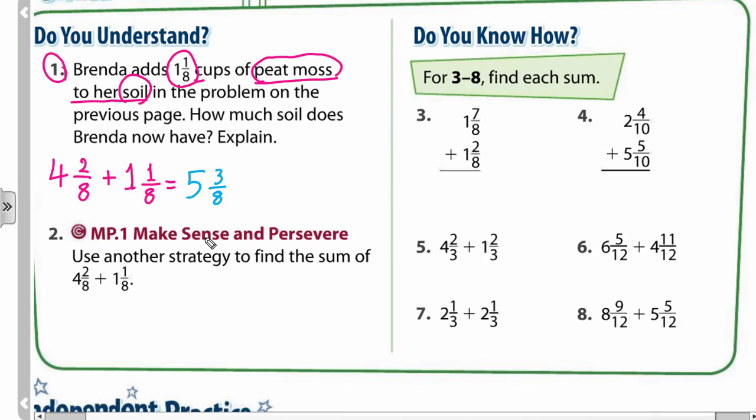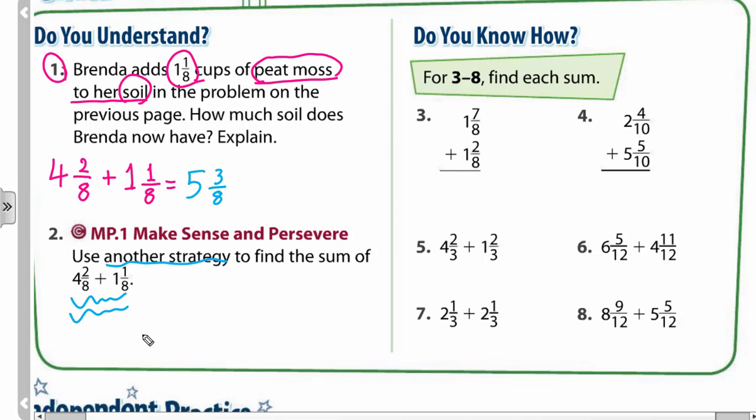Great work. And the next question, my heroes: use another strategy to find the sum of it. It's the same question. But we need to find the sum another way.